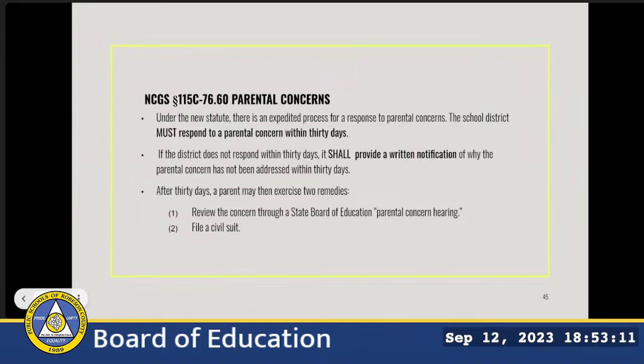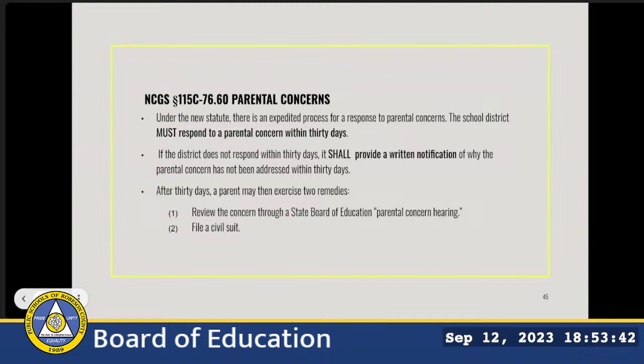Their concerns were not really heeded. If the district doesn't respond within 30 days, it has to provide a written notification of why the concern wasn't addressed. Then a parent has two choices: file a lawsuit, or file a complaint with the State Board of Education and ask for a parental concern hearing.